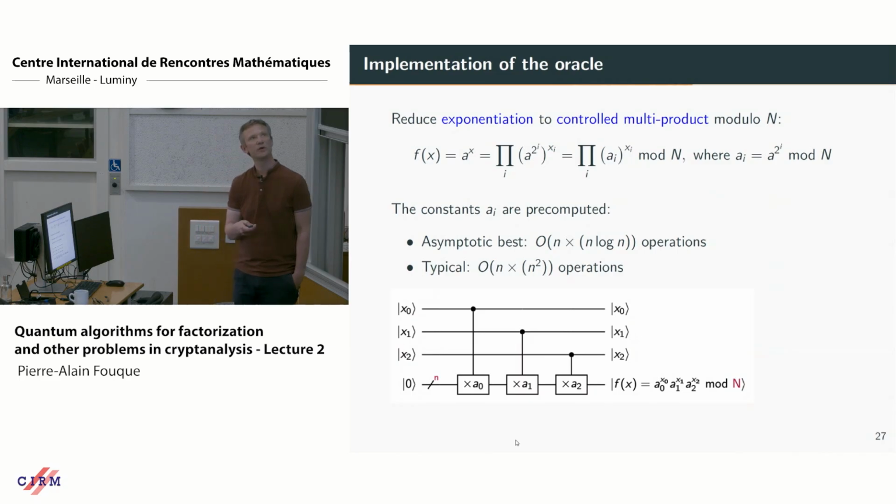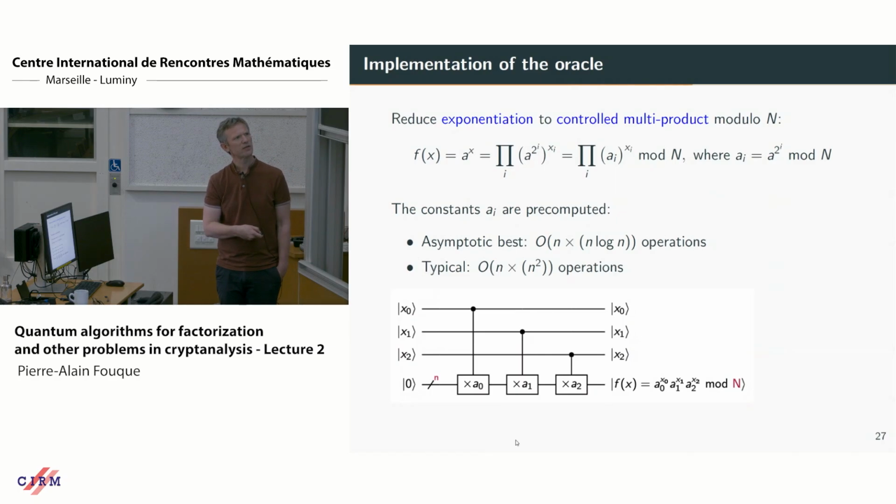For instance, if n is a 128-bit value, we only have 128 different terms. And so here we do what is called a multi-product. It's not an exponentiation, it's a controlled multi-product that we are computing. According to the bit xi, if it is 0 or 1, we multiply by the value. So here you can see that it's very easy.